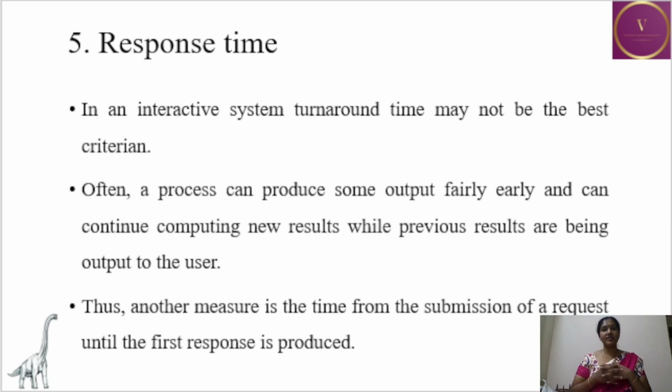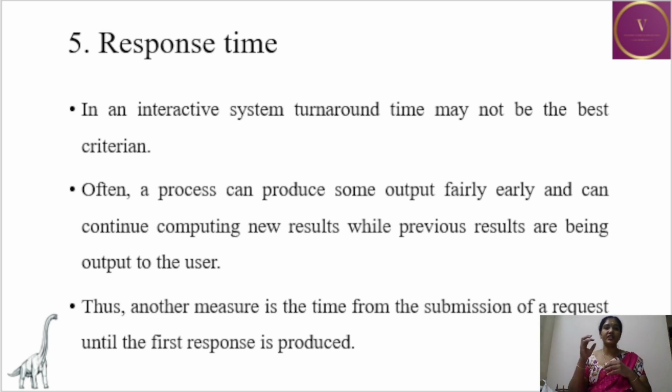So the second point is, often a process can produce some output fairly early and can continue computing new results while previous results are being output to the user. So once the output is produced, it might undergo some other computation to produce some other output. Thus another measure is the time from the submission of a request until the first response is produced.